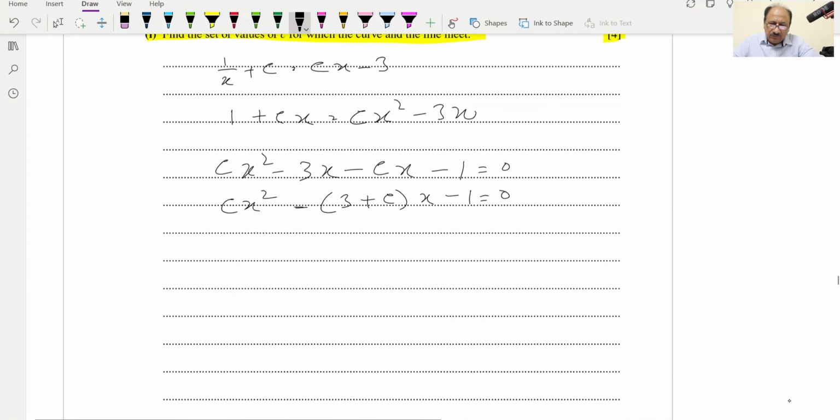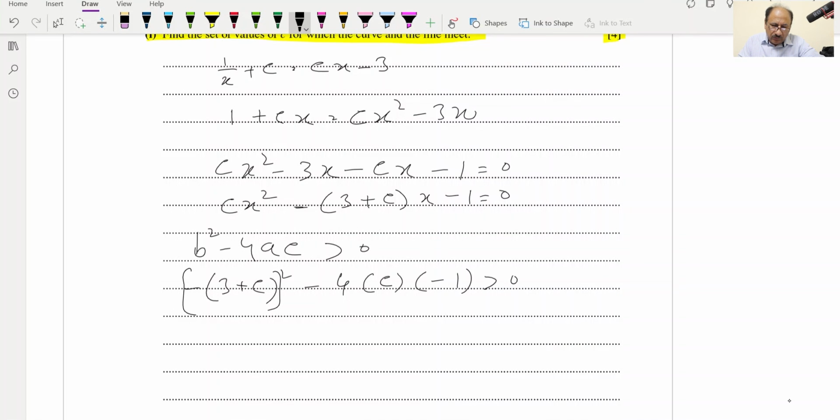Now we can check for the critical points, so b squared minus 4ac is greater than 0. We can put in and check, so it will be b squared, (3 plus c) whole squared, minus 4 into a into c, greater than 0.